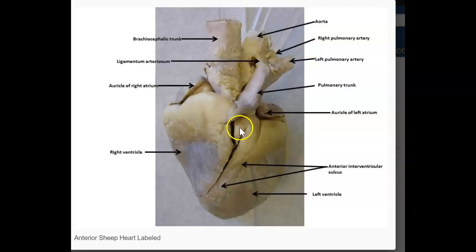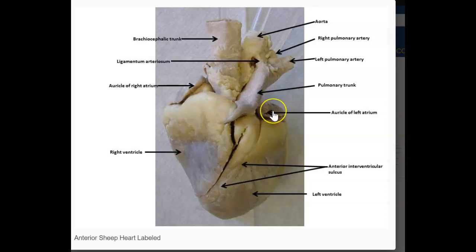If we look here, you can see an actual heart on the external surfaces. Right here would be the anterior interventricular sulcus, a nice starting point to see where you're at. Right here would be the right ventricle. This is where your left ventricle sits. Here are the auricles that you can see.